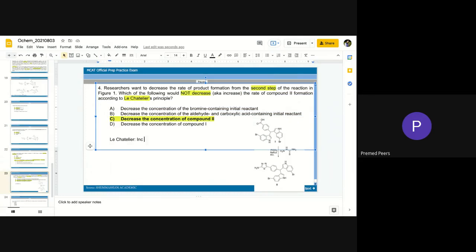And Le Chatelier's principle says that to increase the rate, you need to increase your reactant. That makes sense when you change it to increase. So always make sure to read the question very carefully. Very tricky.